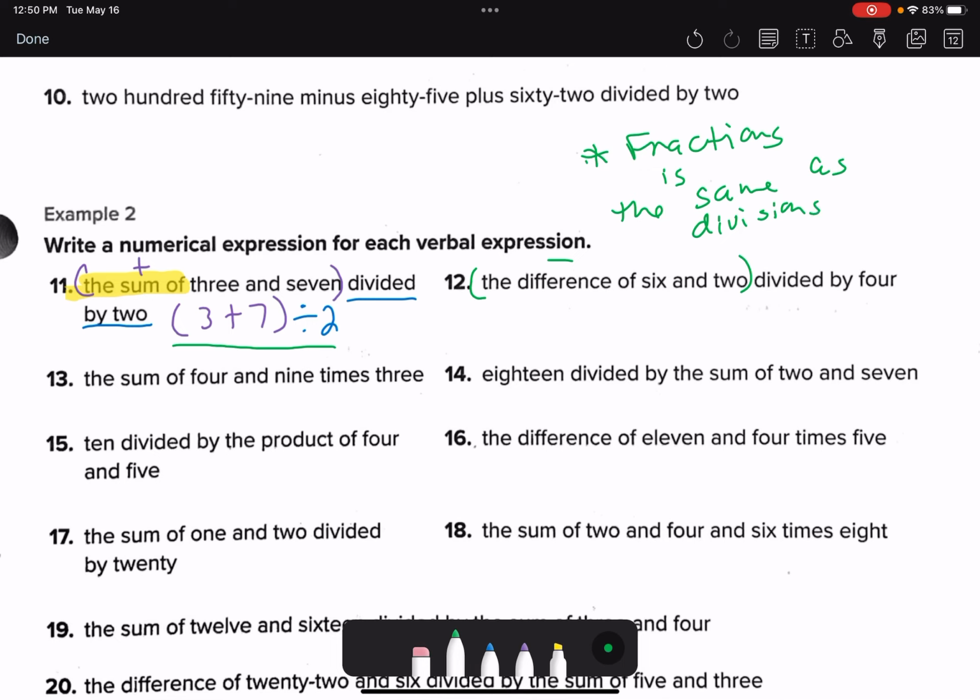Okay, so I'm going to turn this divided by, and I'm going to indicate this as a fraction. So my first grouping is going to be this, the difference of 6 and 2. So I'm going to do 6 minus 2. That's my parentheses. And now I'm going to do divided by, or a fraction bar, 4. And so again, you need to understand in this class that division is the same as fractions, and fractions are just division. In fact, this symbol here that you know as the division symbol is just a fraction bar. That is just a fraction bar. That's all that indicates.